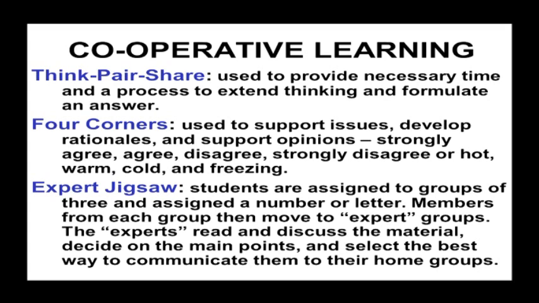Or four corners. Well, I know with the two groups that I ran the first week formed a continuum. Here I can actually say four parts. There are four parts of the room in terms of where you would fit. So, for instance, strongly agree, disagree, strongly disagree, or hot, warm, cold, or freezing could be ways of doing it.